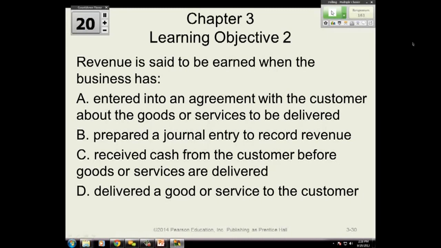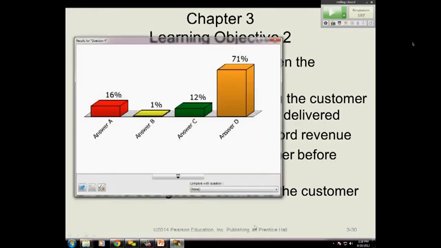Anybody have a cell phone open? What time is it, actually? Thanks. Everyone holds up cell phones, not supposed to have them open, that's okay. What is it, 2:18? 2:18, 2 minutes. Okay. All right.